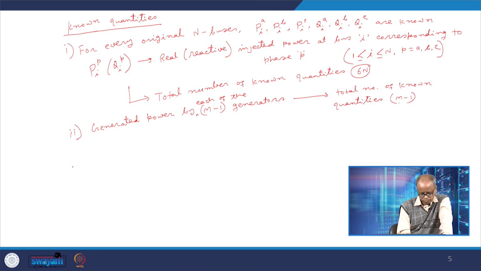What else do we know? We also have to pre-specify the voltages for every generator.